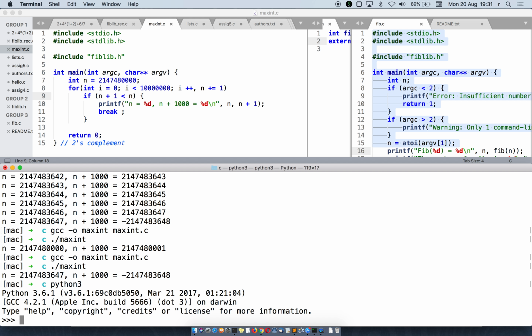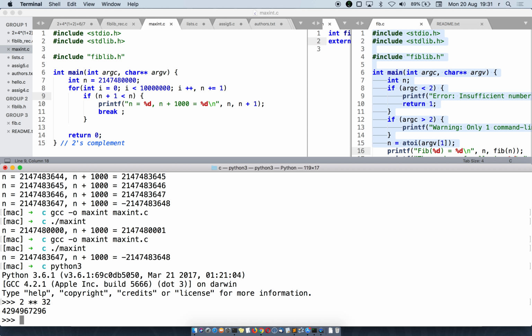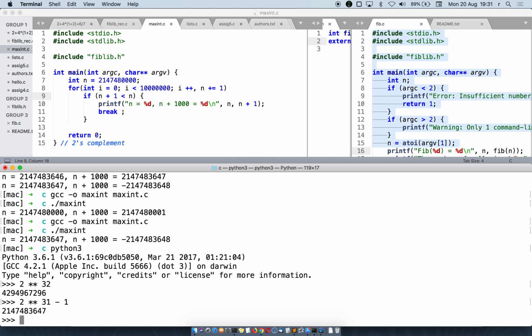So for instance, I can compute 2 to the power of 32, which is definitely larger than this guy. That's because we have infinite precision, right? So I'm going to try to understand what this number is. Okay? So I'm going to say 2 to the power of 31 minus 1, right? And I'm going to see that I have gotten exactly that number.